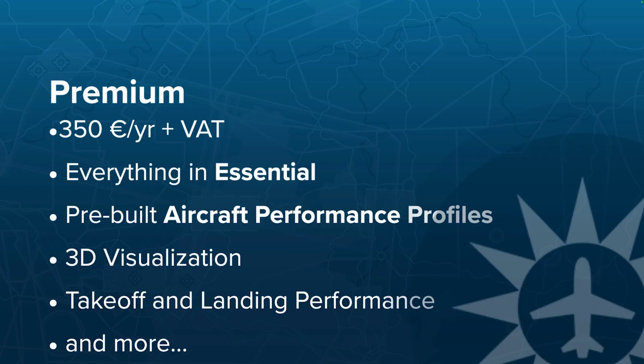And finally, the premium license, 350 euros a year plus VAT, adds pre-built aircraft performance profiles with integrated mass and balance and takeoff and landing performance. In the ForeFlight mobile app, you have advanced routing options for instrument flights.